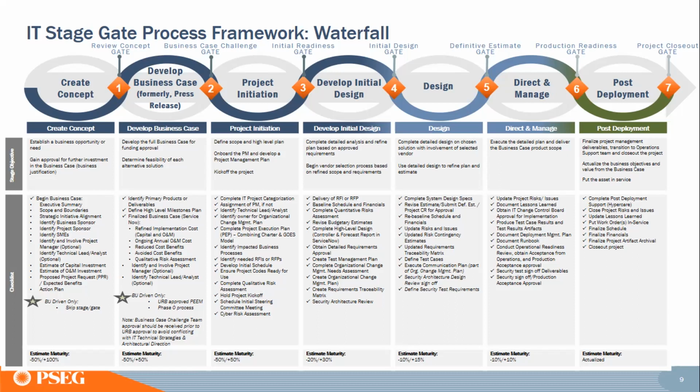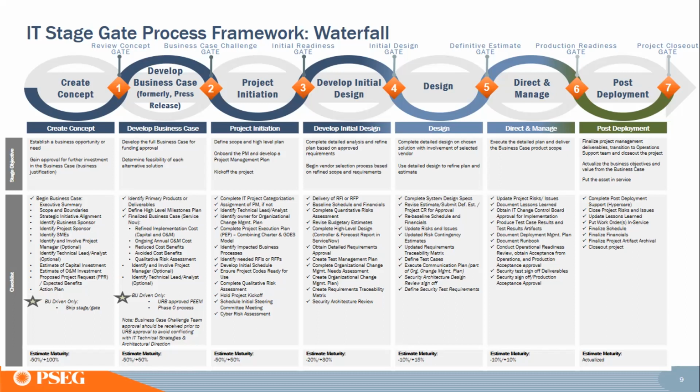If you are moving, let us say, from project initiation to develop initial design, so gate 3 comes into the picture, and at that gate, you have to produce what is called a scorecard. This is like an easy pass, right? At any toll, when you come there, you have to present either your pass or you take a ticket and pay it when you exit that highway. So the same way, a scorecard has to be presented with completed details, how to present it, and I'll explain in a few minutes.